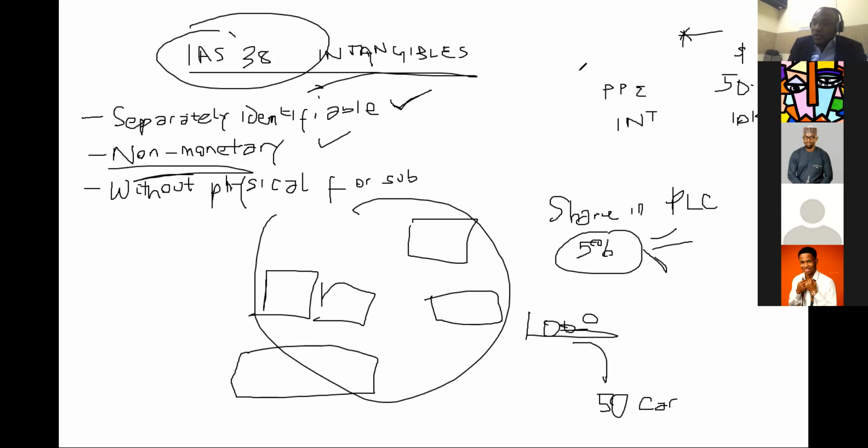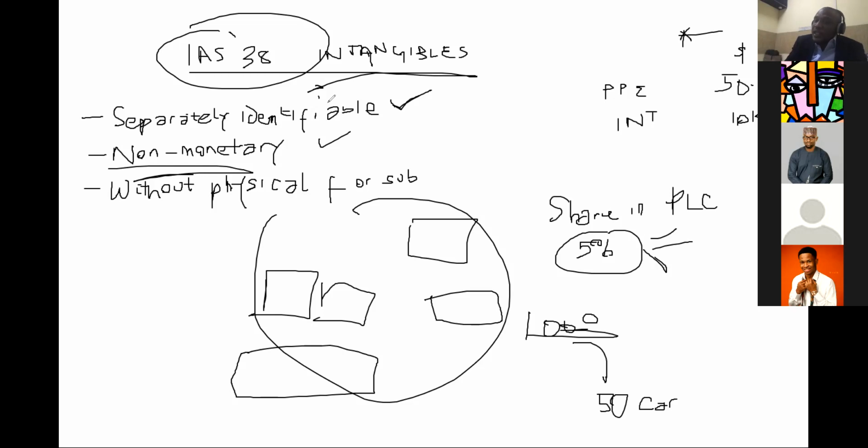It might make their customers more comfortable coming there. It might make their staff feel more comfortable working in that environment. However, you can't remove the ambience of a place from that place and have it separately identified. It can't stand on its own. So it will not meet the criteria for defining IAS 38 intangibles. So separately identifiable means that that asset can exist on its own, irrespective of whether that entity is there or not.